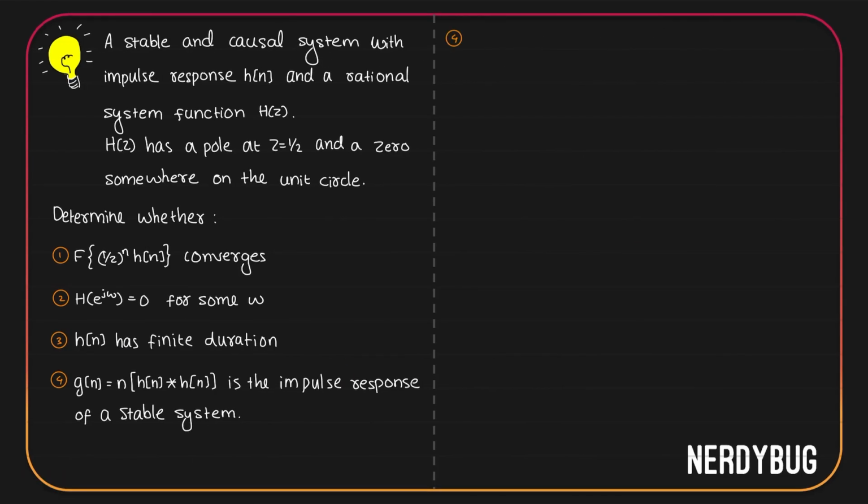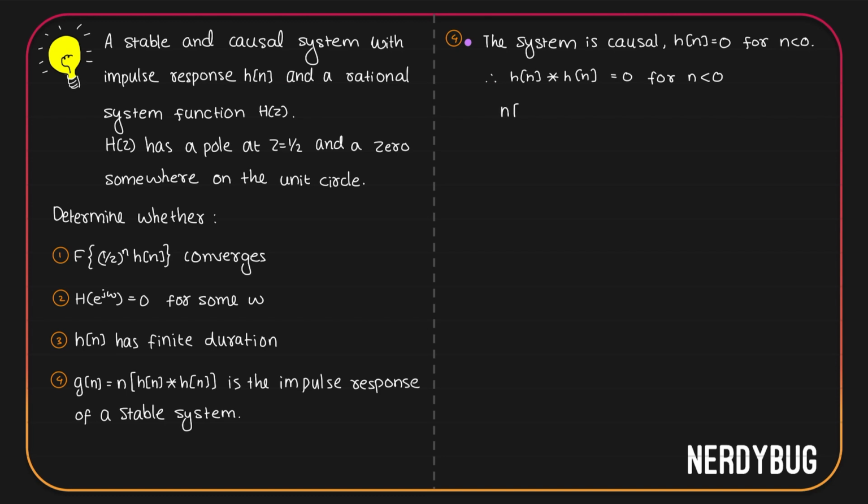We have to check whether g of n, defined as n multiplied by convolution of h of n with itself, is the impulse response of a stable system. The system given in the question is causal. Therefore, its h of n will be 0 for all n that is less than 0. Therefore, if we take the convolution of h of n with h of n itself, it will also be 0 for all values of n that is less than 0.